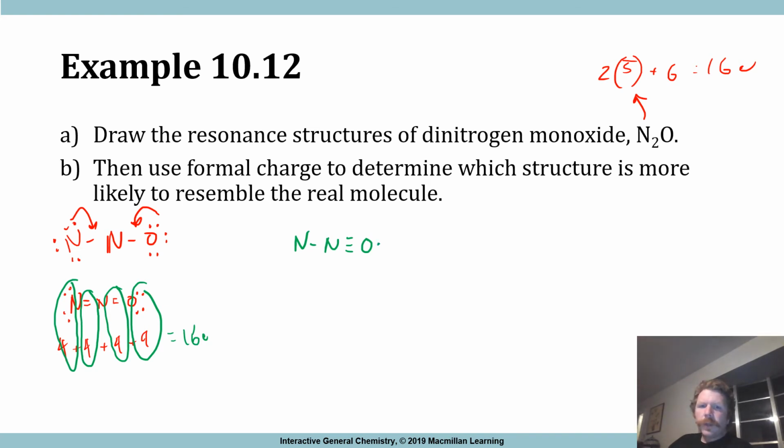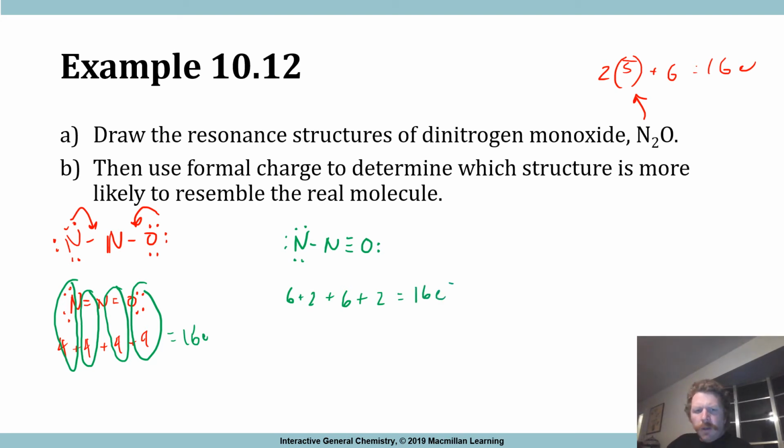My oxygen now has a complete octet. My adjacent nitrogen now has a complete octet. I've got 6 plus 2 in this lone pair, plus 6 in this triple bond, or these 3 shared pairs, and then plus 2. That'd be 16 electrons.